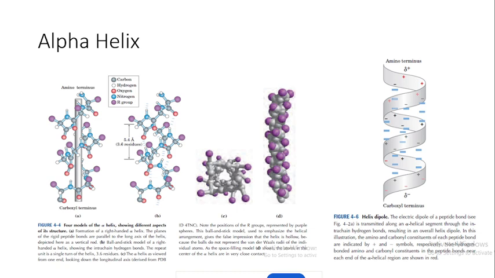You know the helical pitch is 5.4 angstrom. So how many helical loops are there?